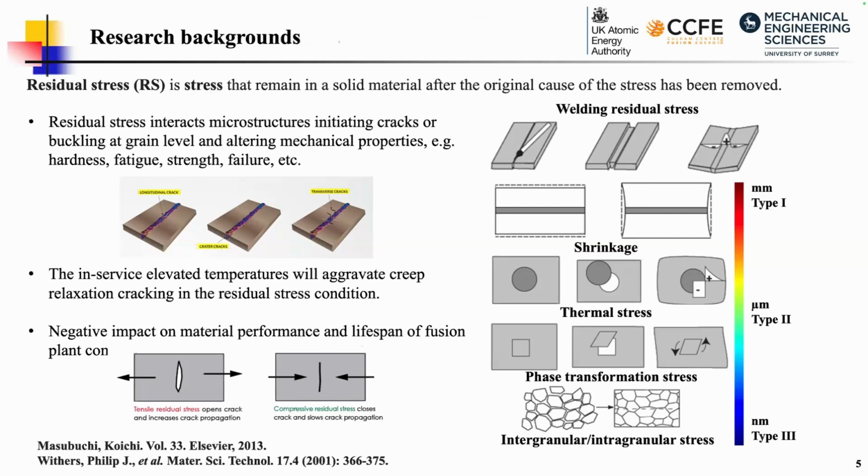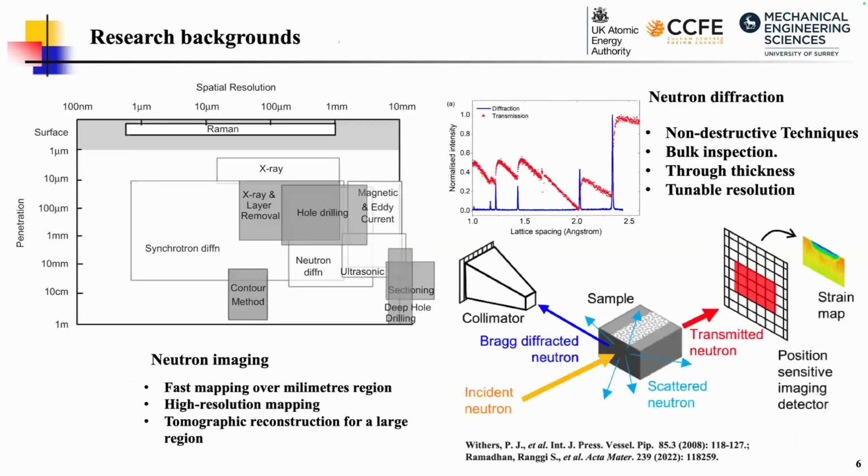And here we are going to use neutron diffraction to start that, most likely for the type 1 residual stress. And the results can contribute to the modeling establishment and can also contribute to the design protocols for the nuclear fusion reactor. So here is a quick view of how to measure the residual stress in general, and they all have pros and cons.